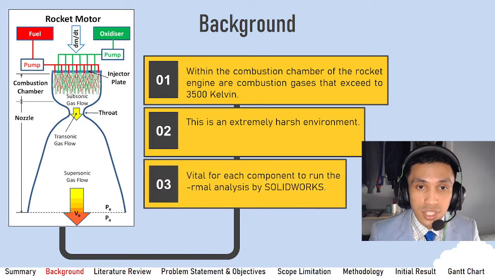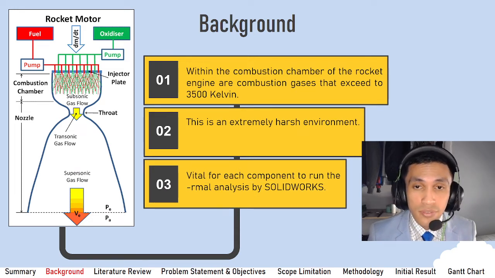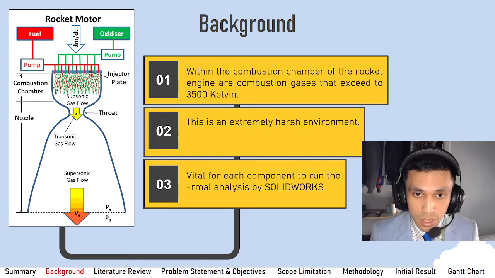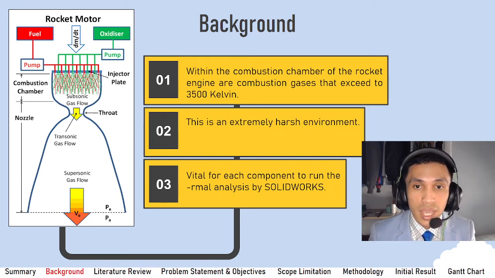This is an extremely harsh environment in which most materials cannot survive for very long before losing their structural integrity. Therefore, it is critical that each component undergoes a thorough thermal analysis to ensure their survival during the firing of the engine. Some of the major components of interest are the chamber, nozzle, and injector.